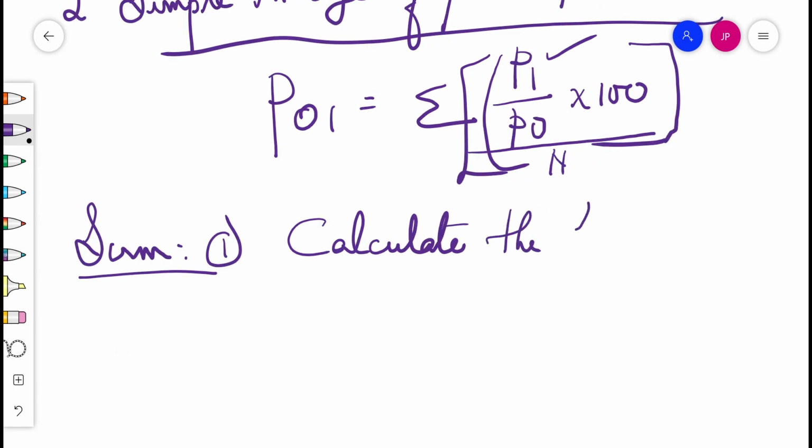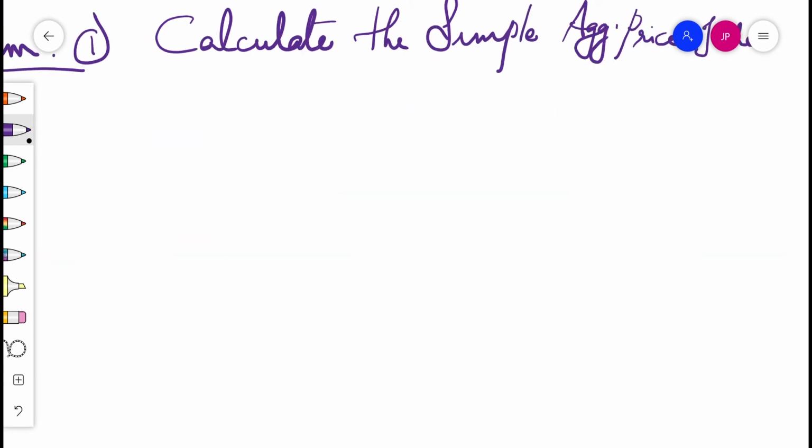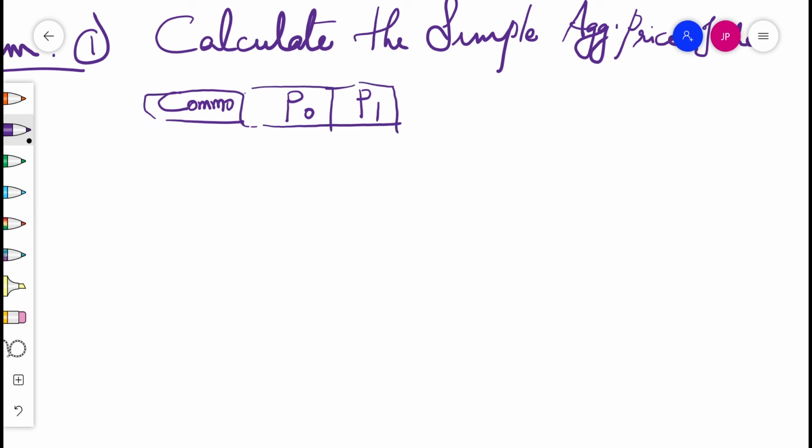Calculate the simple aggregative price index from the following data. We can make three columns. First column commodities, second column prices of the base year, third column prices of the current year. Commodities A, B, C, D, E. Five commodities.